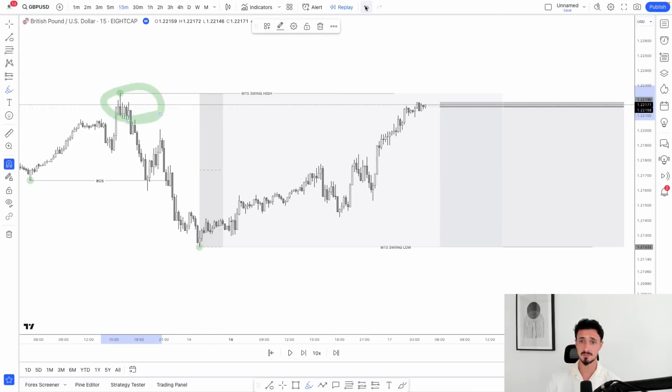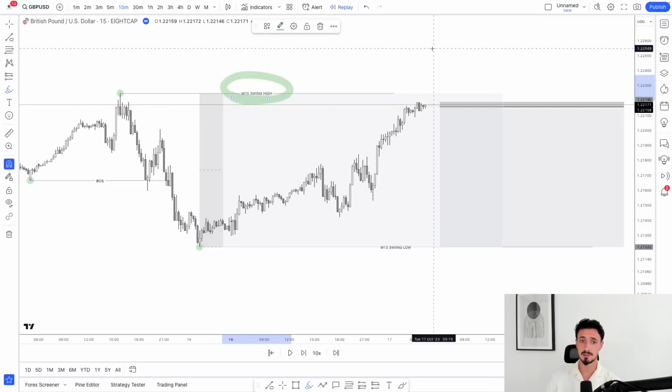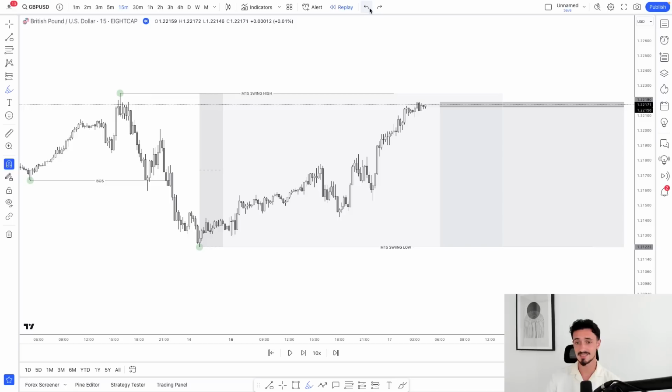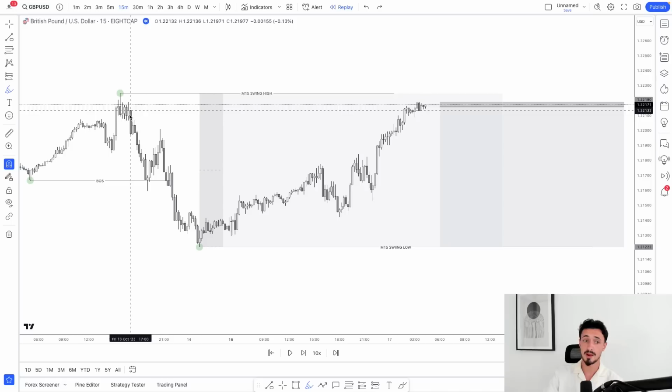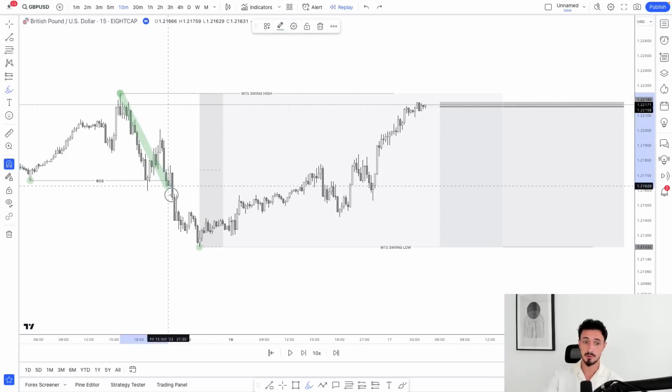Upon that, we just place our orders where we think that the majority of the orders are, as long as it is below this M15 swing high that plays in line with our structural bias. We are hoping that if we get an entry confirmation, we can take price down to this M15 swing low down here.